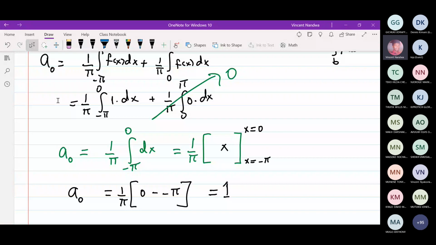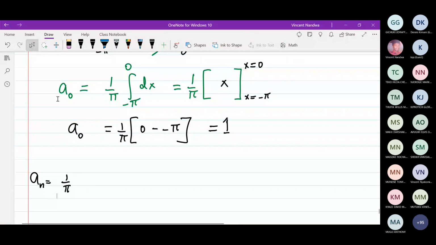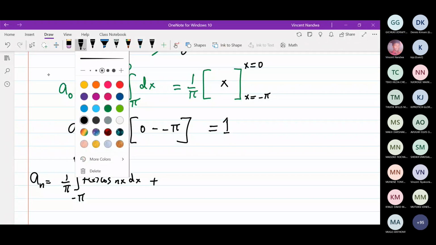So we'll have 1 over pi, minus pi to 0, f of x cosine of nx dx plus 1 over pi, 0 to pi, f of x cosine of nx.